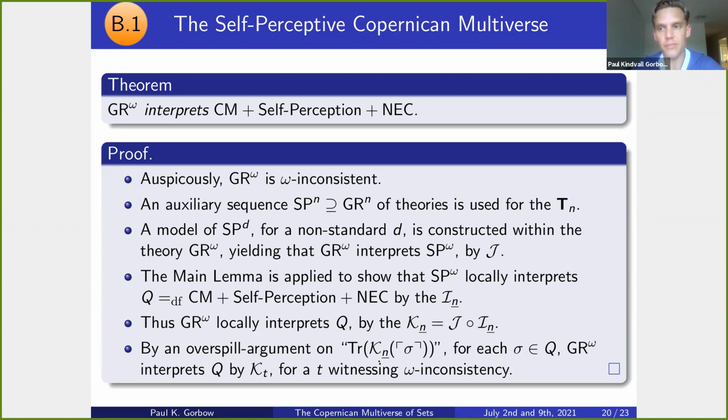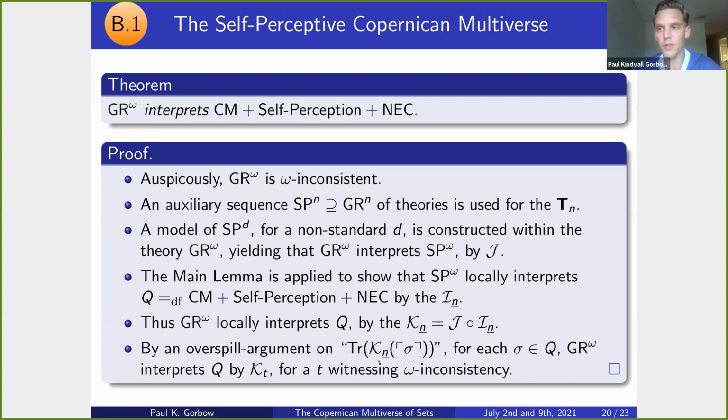And composing these interpretations, we have now that GR omega locally interprets Q, this theory that we want to interpret, by the interpretations K_n for various standard numbers n. Now there are actually two different techniques that you can prove this theorem, but the one that we have chosen here is that we can now use an overspill argument.